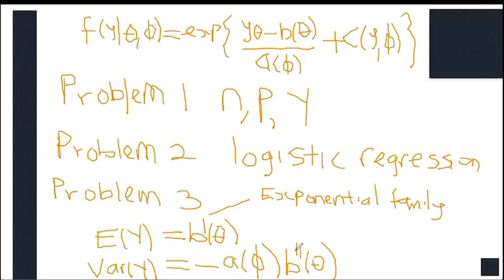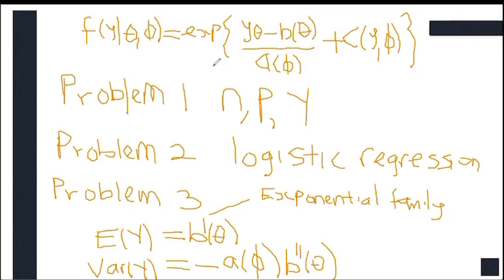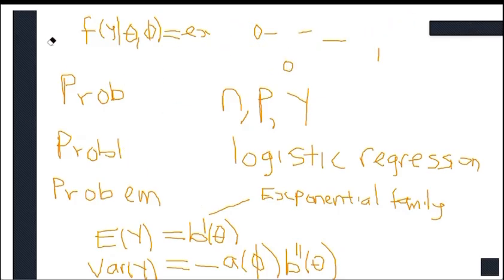Right now, I'm going to demonstrate how you can derive the expected value of y and the variance of y given a binomial distribution. So I'm going to clean up right now.